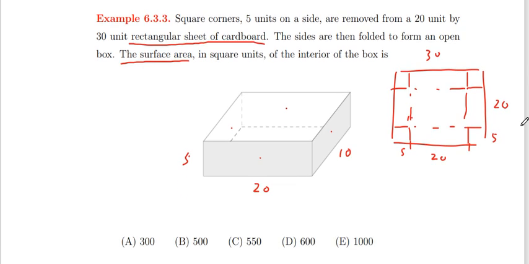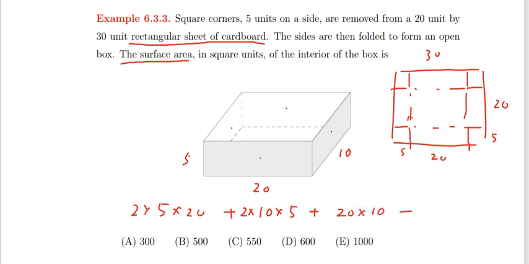So we can find the area. This side is 5 times 20, and we have two of them. Plus 10 times 5, and we have two of these as well. Plus the bottom, which is 20 times 10.